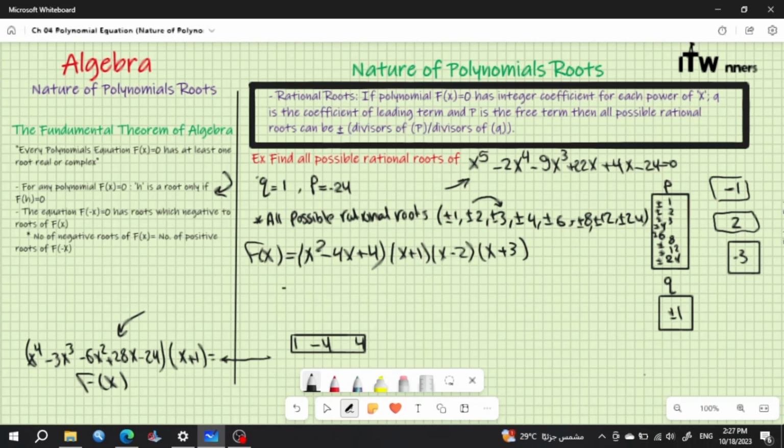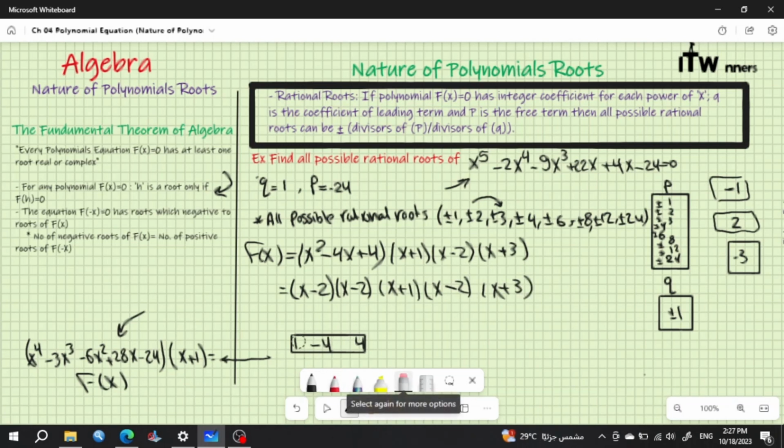We can obtain x minus 2 into x minus 2 into x plus 1, x minus 2, x plus 3.